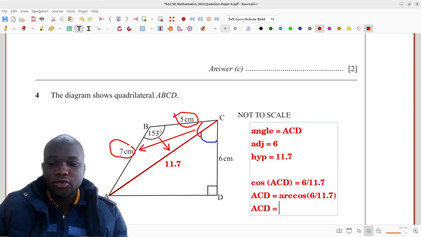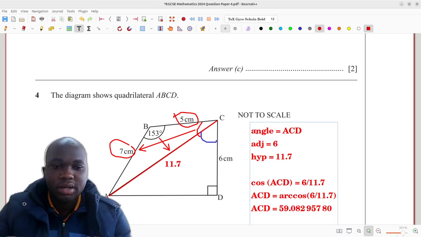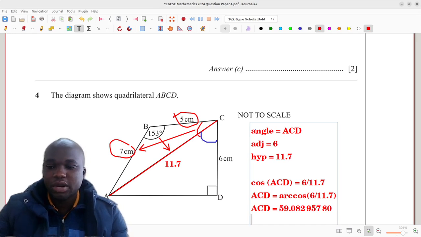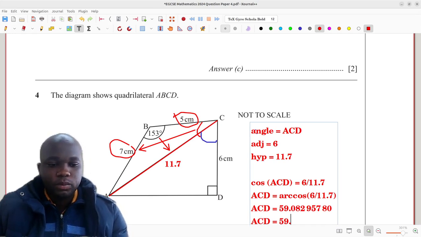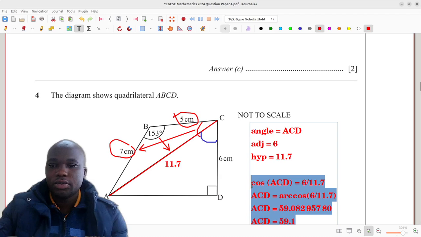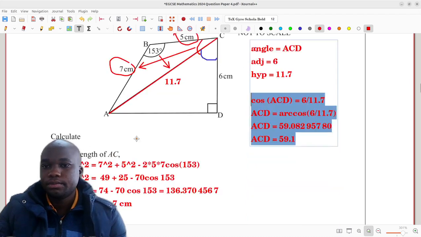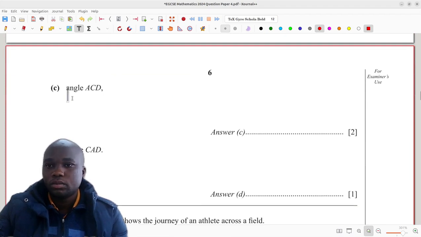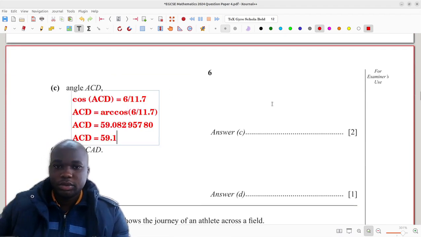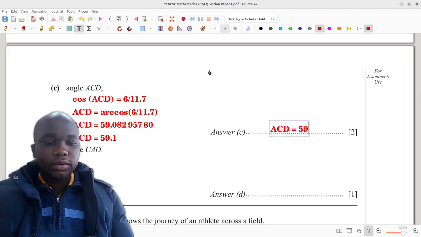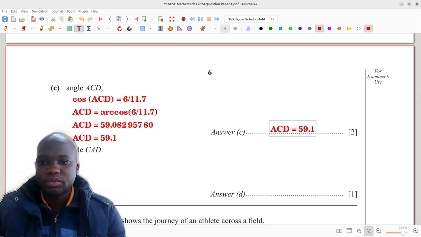ACD is equal to, and angles are always given correct to 1 decimal place, so it's 59.1. Now let's take this down there. Just 59.1. Then you get your 2 marks.